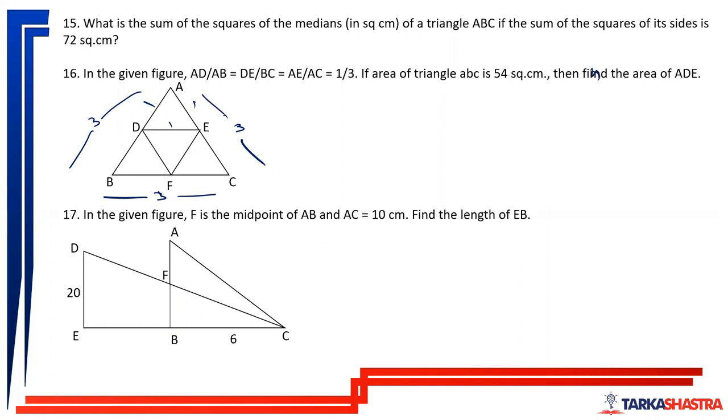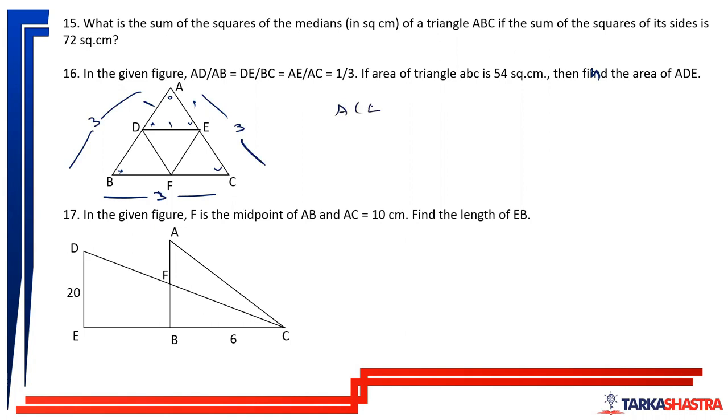Now these two are similar triangles. Obviously, these angles will be equal. Now, when two triangles are similar, their areas are in the ratio of the square of their sides.